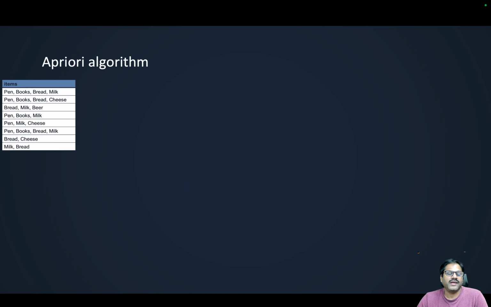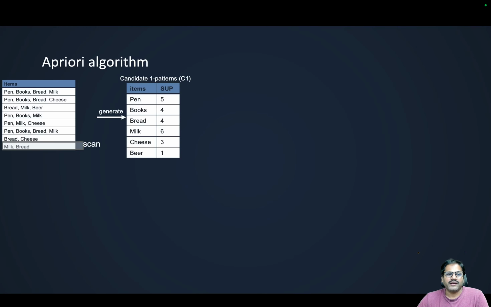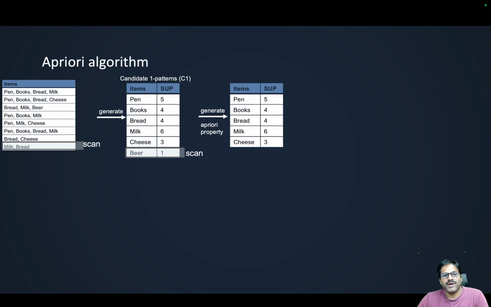Assume we have the transactional dataset containing customer purchases. First, we scan the database and find all candidate items or one patterns. Next, we scan the candidate items and using the a priori property, we find frequent one length patterns.